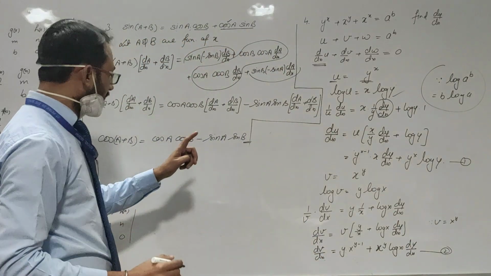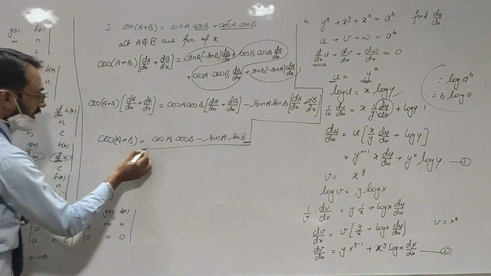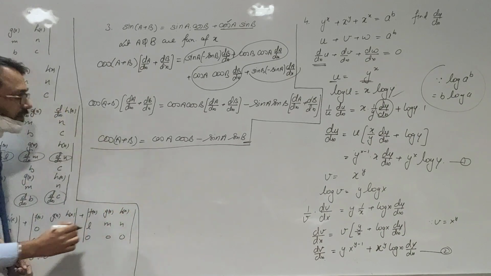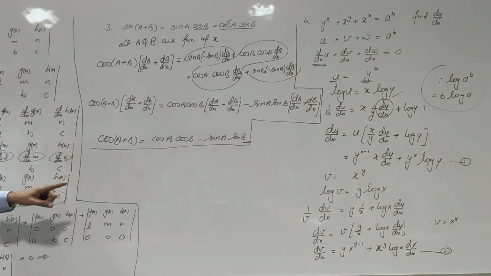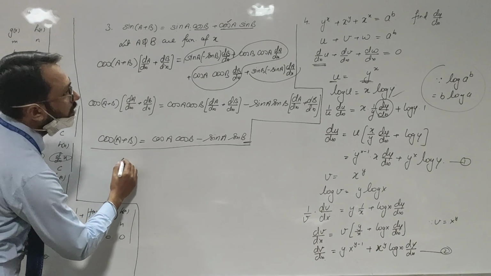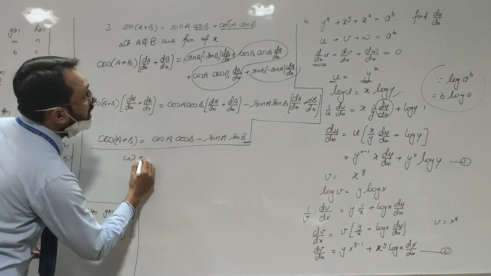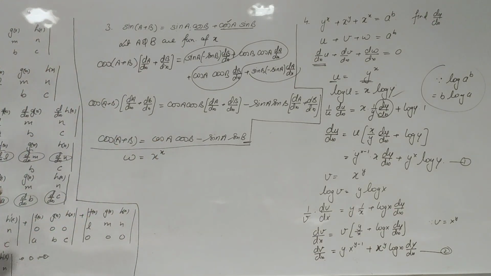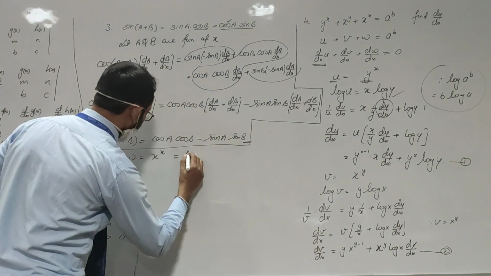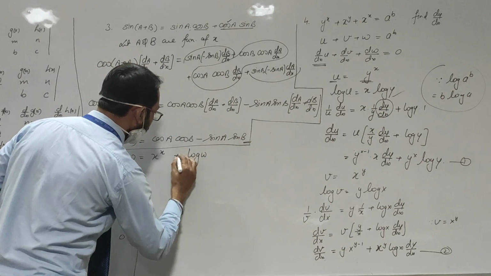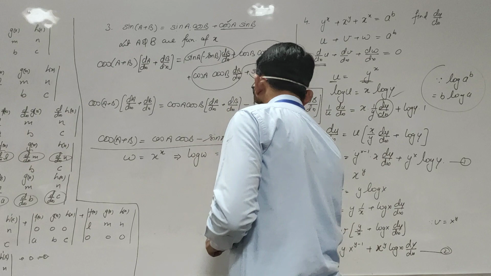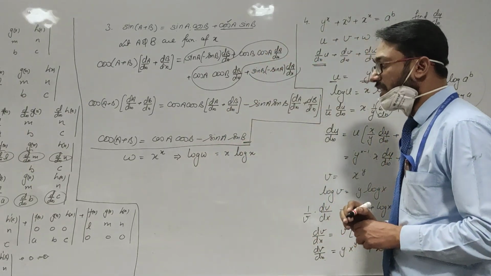Now the third part. Now I am doing this side. Please take care of this thing. You should not make a mistake. So third is w equal to x to the power x. Let us take log on both sides. It will give us log w equal to x log x. Now its differentiation.